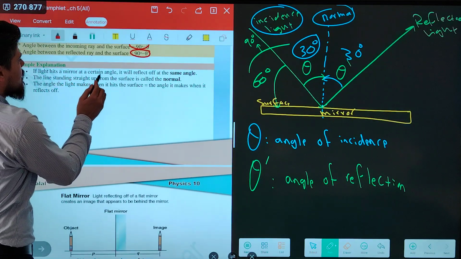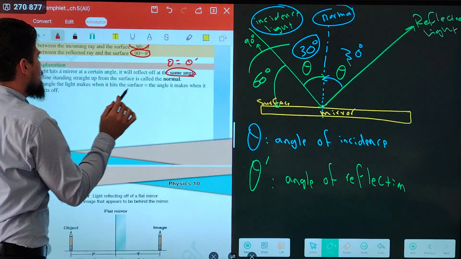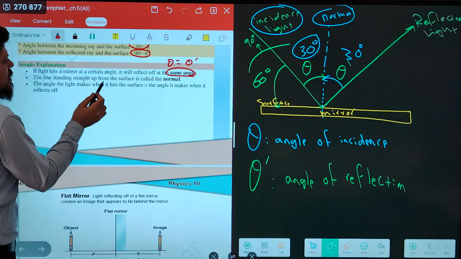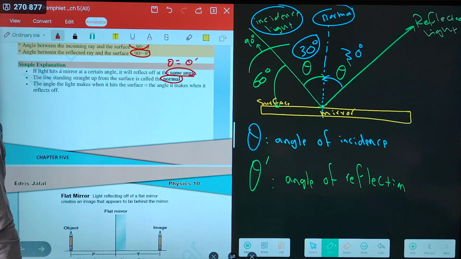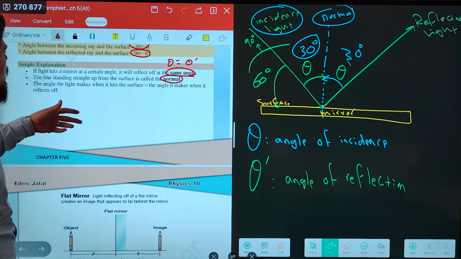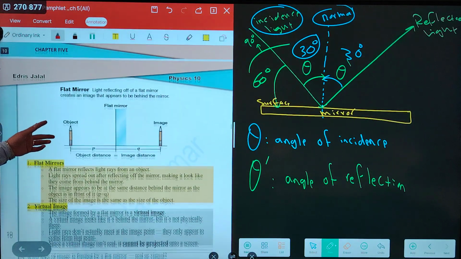If light hits a mirror at a certain angle, it will reflect at the same angle. Theta is equal to theta prime in a flat mirror. The line standing straight out from the surface is called the normal, and the angle the light makes when it hits the surface is equal to the angle it makes when reflected off.